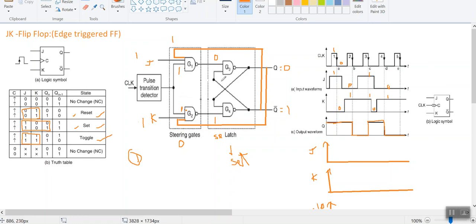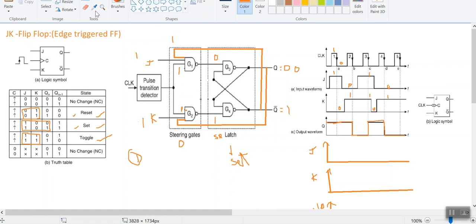Now for this particular G3 and G4 NAND gates, my inputs are 0 and 1. So 0 and 1 means you get the set state.